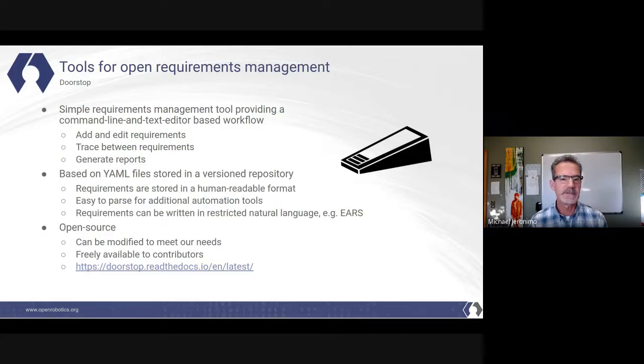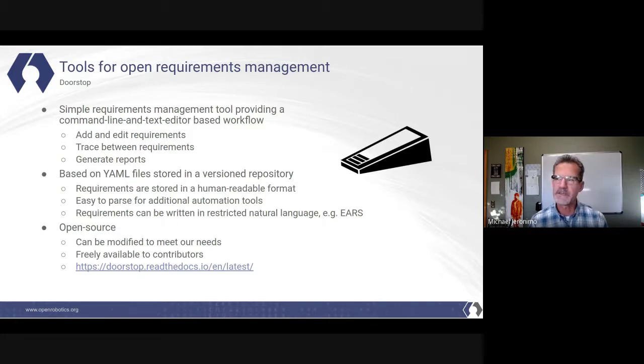These requirements are stored in YAML files, separate YAML files for each requirement. Or you can also use Markdown, pretty similar, and human readable, easy to parse. You can write in natural language. You can use some restricted language like EARS. But the main point is it's open source, freely available. We can modify it if we like.